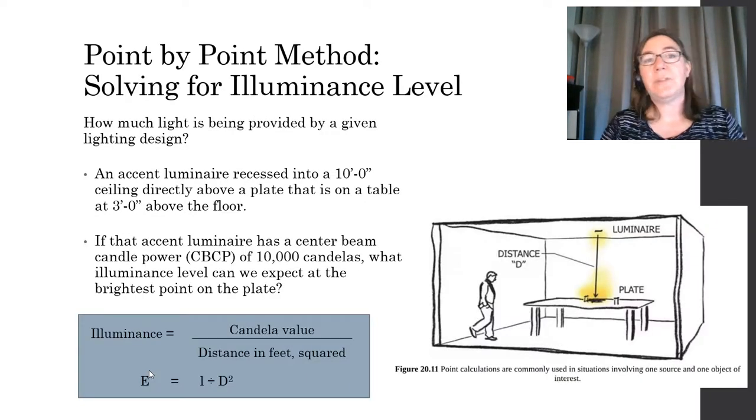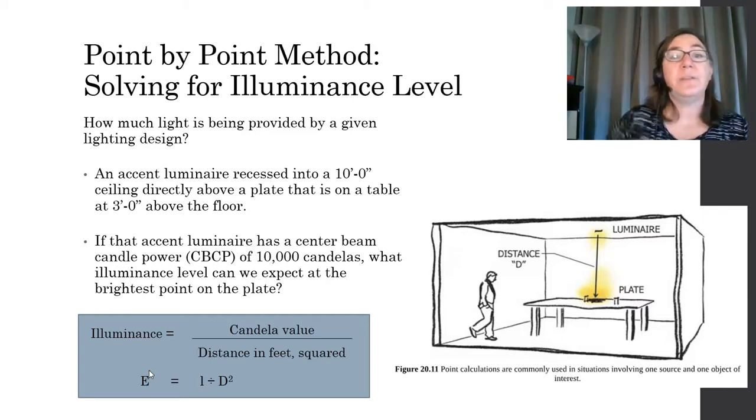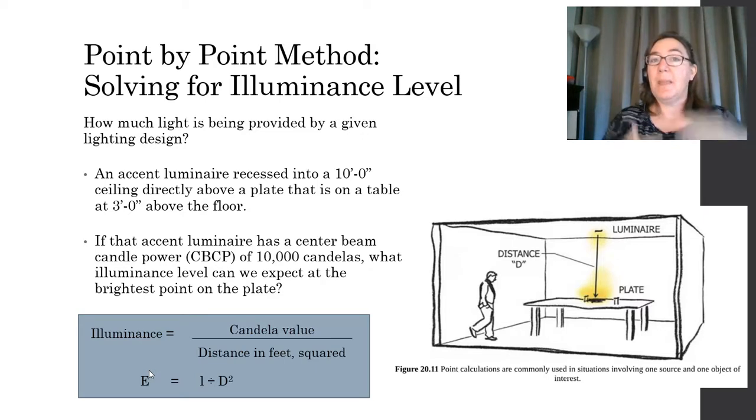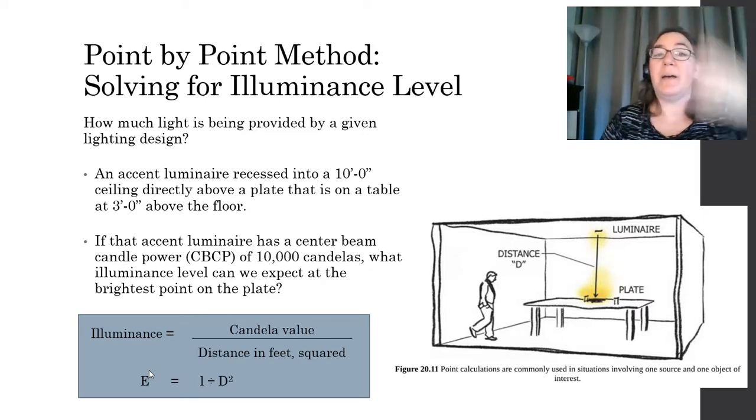So let's go ahead and give this a try and find out how much light is being provided with a given lighting design. We're going to solve for illuminance level using the point-by-point method. Here's our design scenario. An accent luminaire is recessed into a 10-foot ceiling. It's shining directly above a plate.